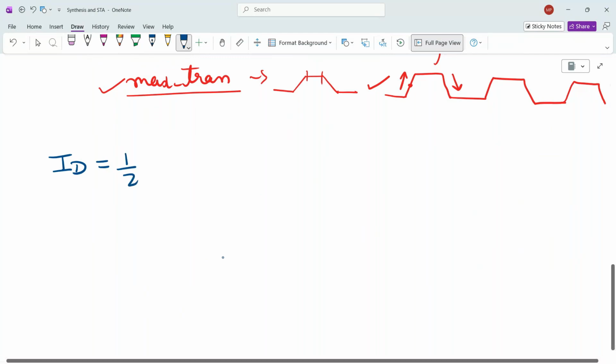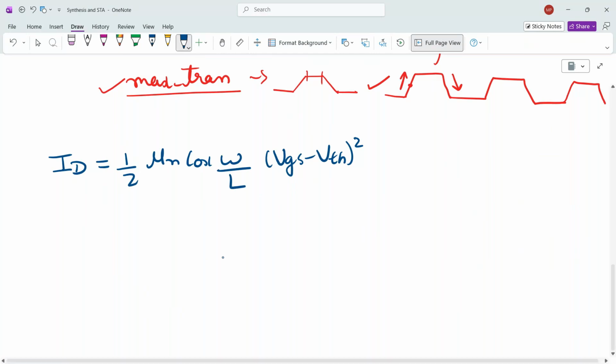So ID is equal to half mu n C ox W by L times (V G S minus V T H) whole square. Understanding this equation is really important to control the transition delay which is happening.